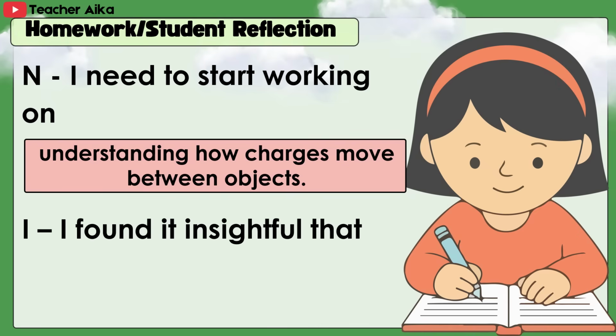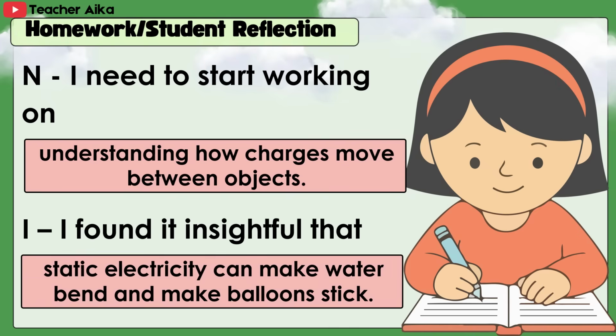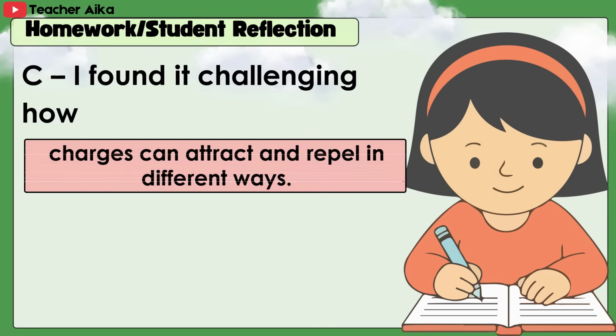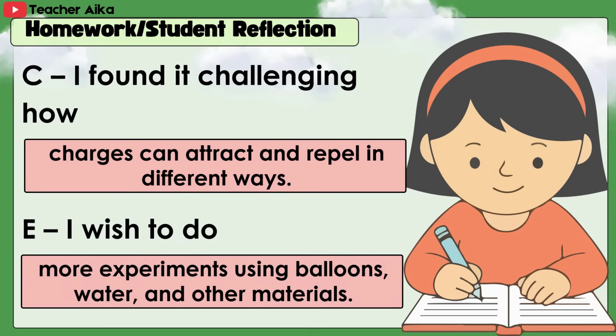I found it insightful that static electricity can make water bend and make balloons stick. C. I found it challenging how charges can attract and repel in different ways. E. I wish to do more experiments using balloons, water, and other materials.